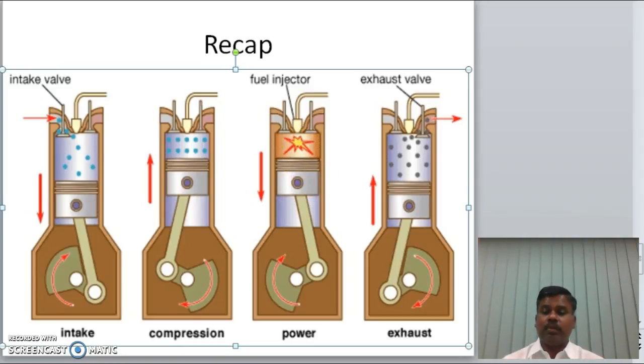The piston moves down. At the end, in the fourth stroke, the piston pushes the exhaust gases out of the cylinder. So this is the working principle of the four-stroke diesel engine.